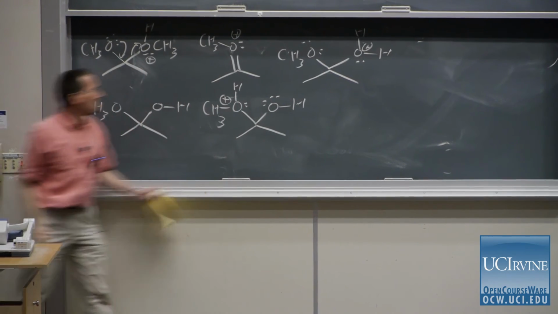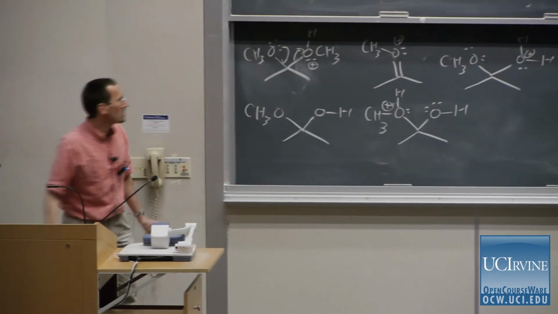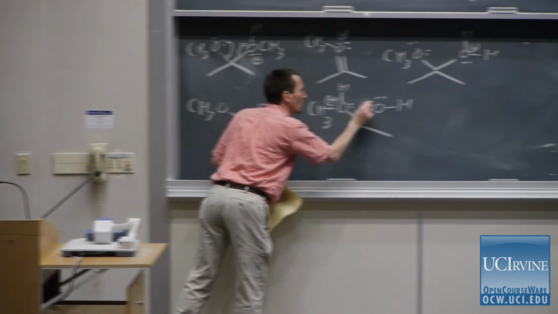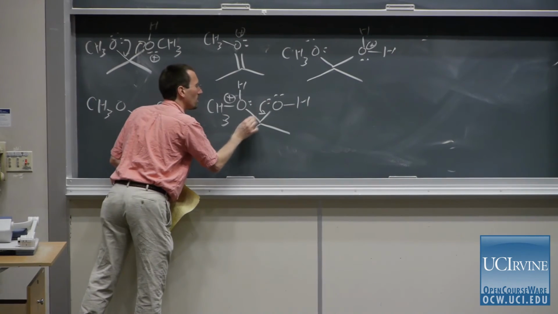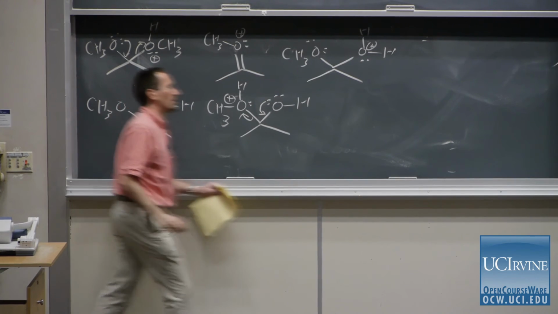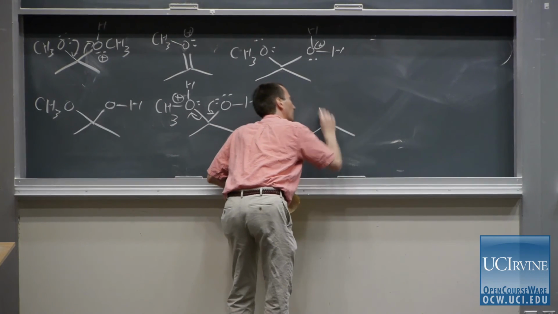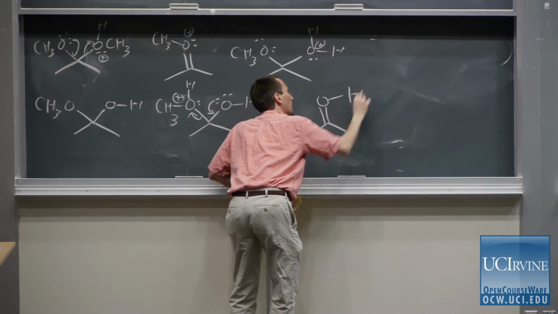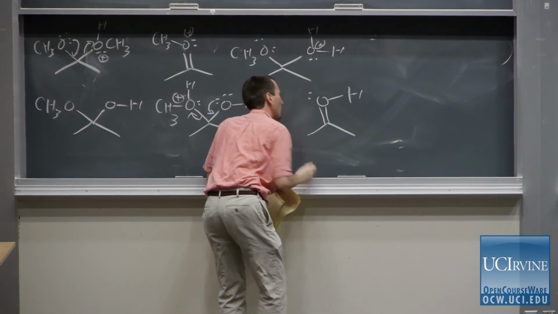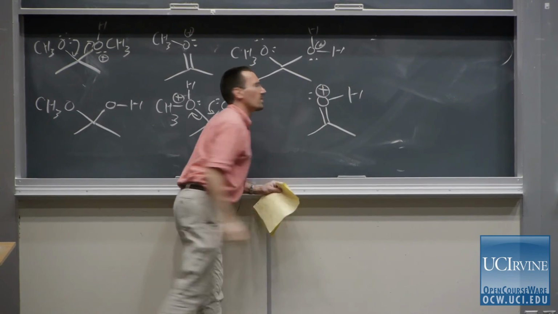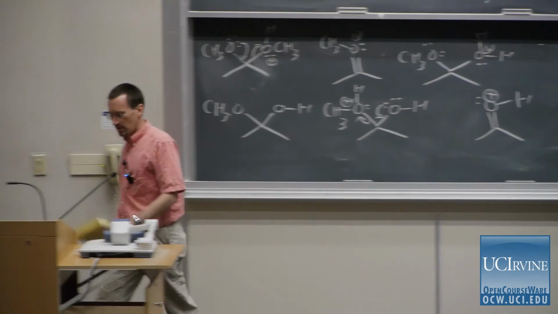All different places, all different lone pairs. Next step is we push out the methanol. And the next step is our penultimate intermediate, our protonated acetone that loses a proton.